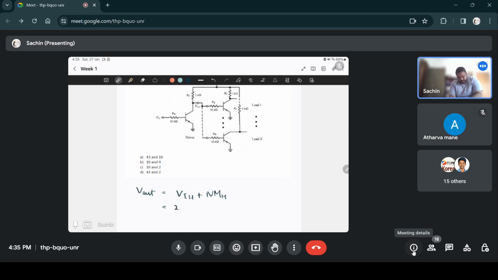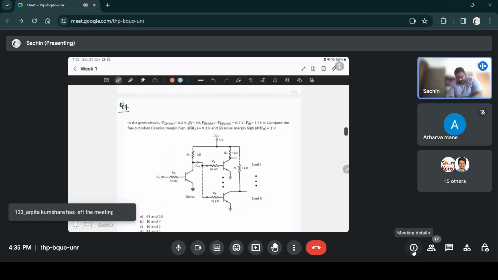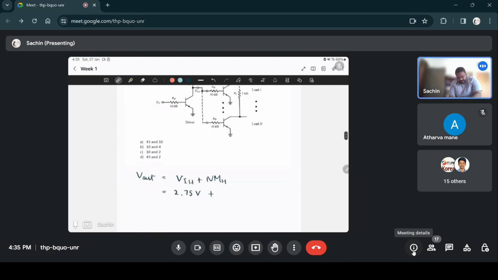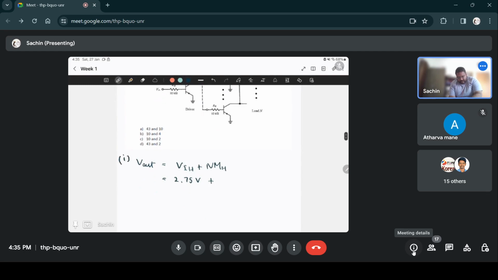Here for this question, Vout is 2.75 volts and the noise margin is, in the first case, 0.1 volt. So it is 2.85 volt.